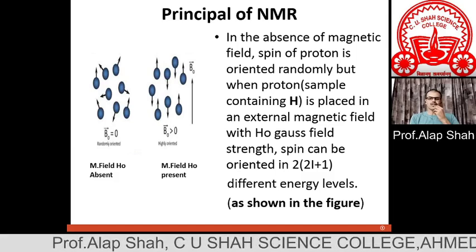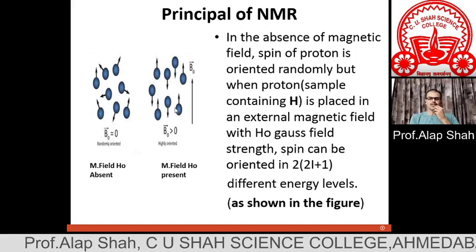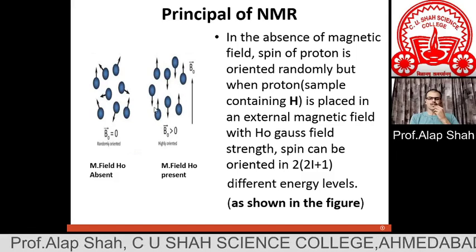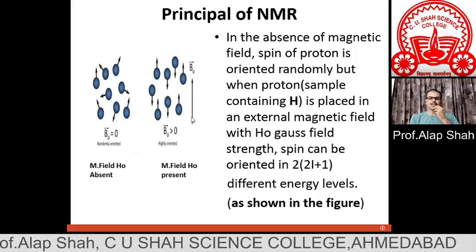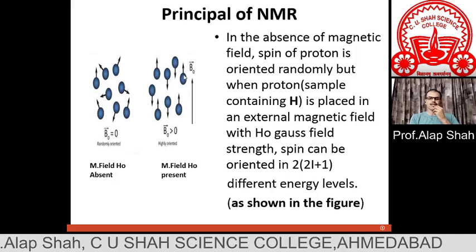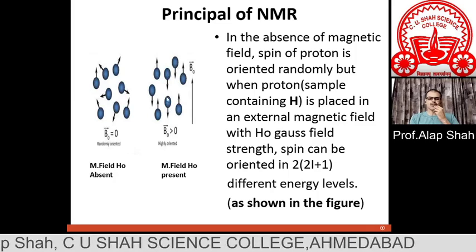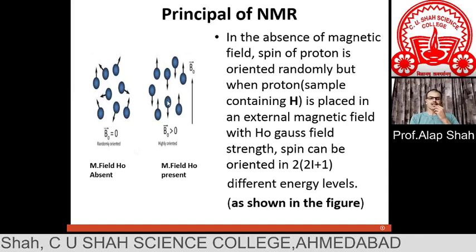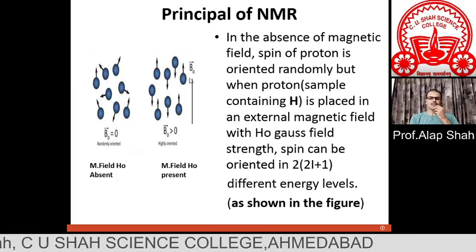Some of the spins, this one, this one, or this one, arrange themselves parallel to the direction of the external magnetic field. While here you can see some spins arrange themselves against the direction of the external magnetic field.